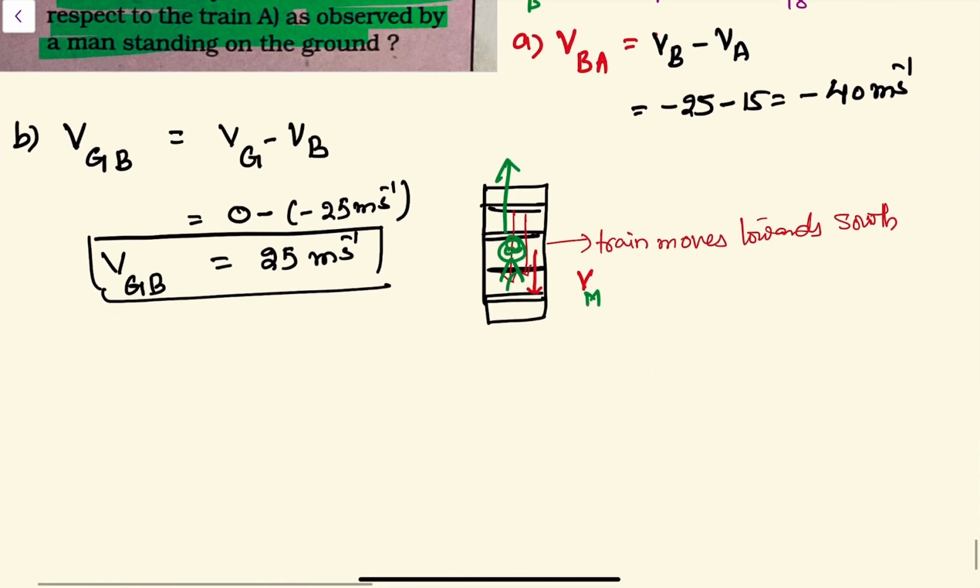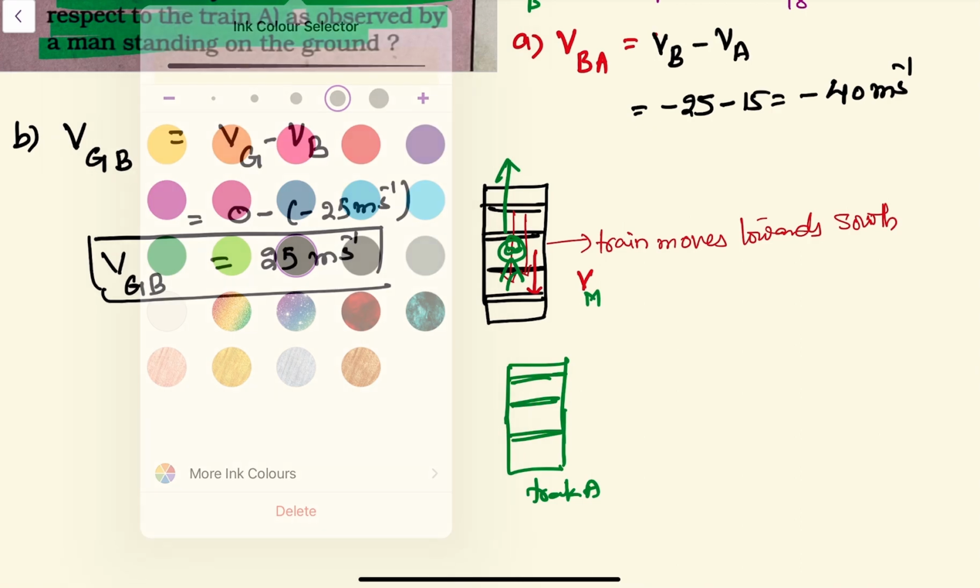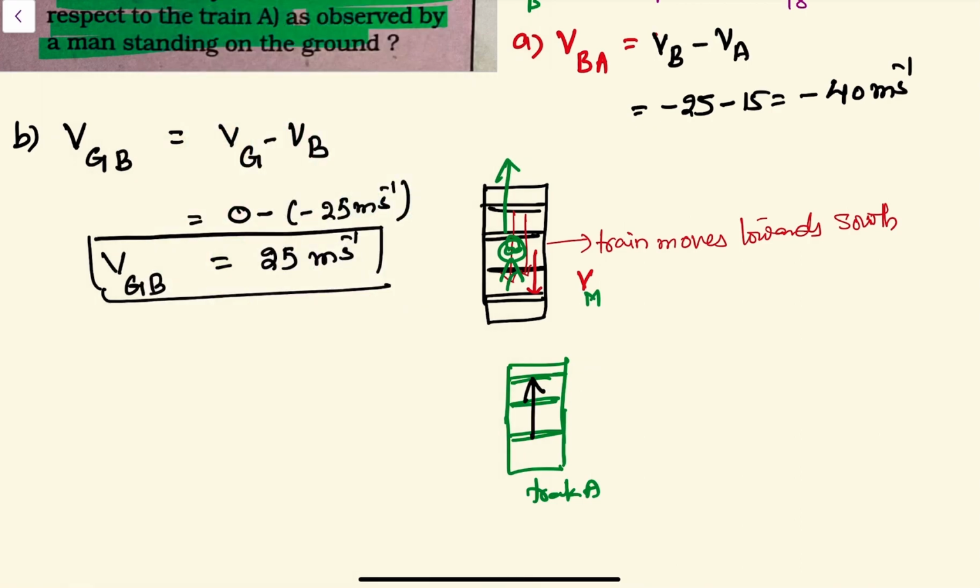See, this is track A, so track 1, and this is train A's motion, and the monkey is moving against that, on the roof.